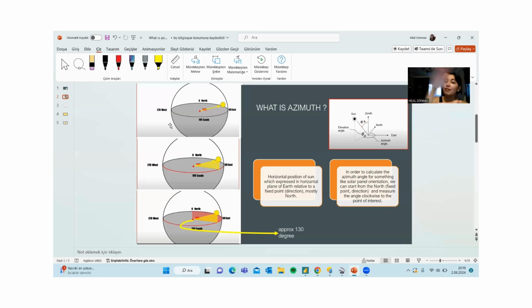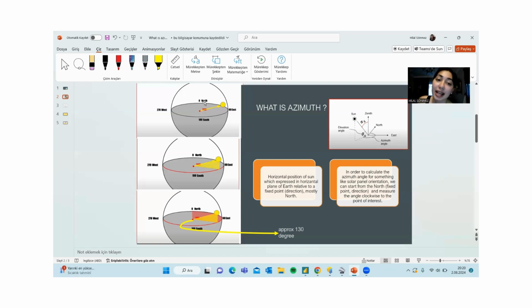When we cut it, we will attain a flat, horizontal plane or surface. And assume that we are panels and we position ourselves at the point marked here.